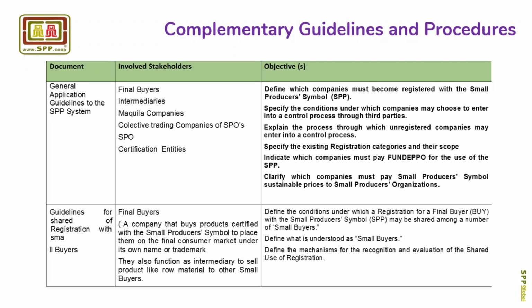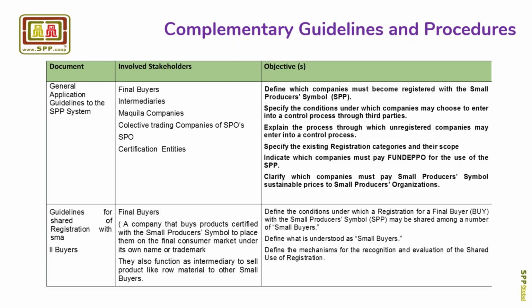For that reason, all of them must be registered in the case of companies. But sometimes, for example, a processing plant that is necessary for any product, the small producer organization or a final buyer may have subcontracts with these companies.